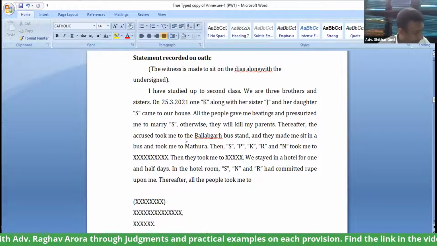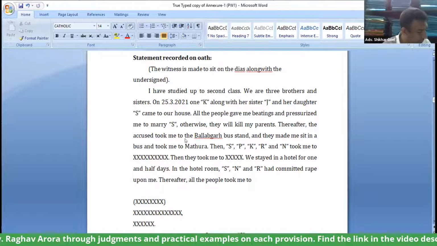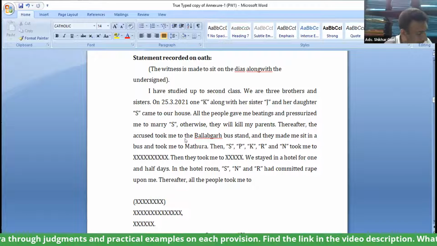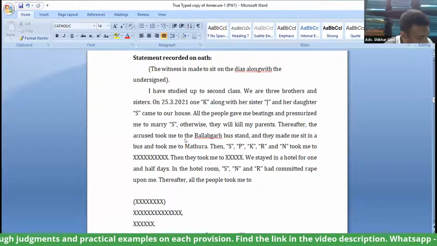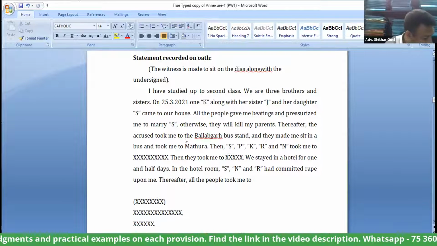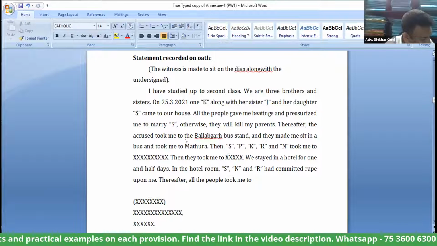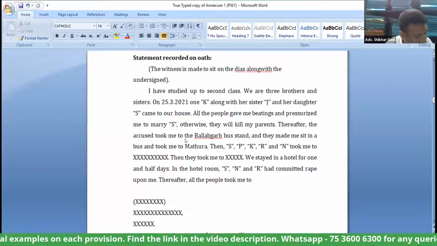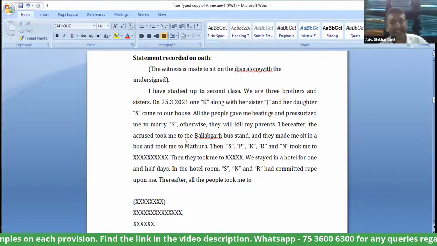In cases punishable under section 354, 354A, 354B, C, D, 376 series, 509 of IPC, and so on and so forth, the judicial magistrate shall record the statement of the person against whom such offense has been committed.